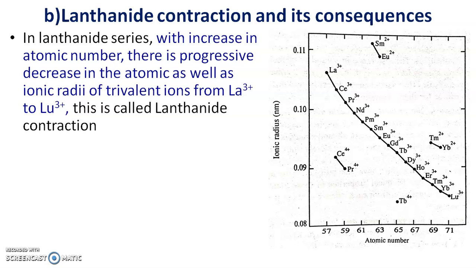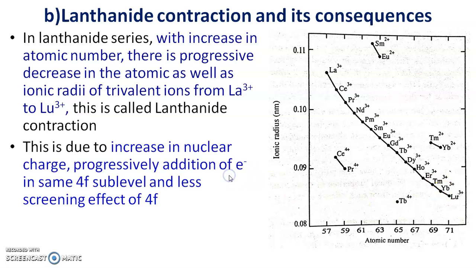So electrons are added in the same shell, and the number of protons in the nucleus also increases. So the positive charge increases, and at the same time the negative charge from the number of electrons in the same shell also increases, and therefore the shell becomes more and more compact. Hence from lanthanum +3 to lutetium +3 there is a gradual decrease in size.